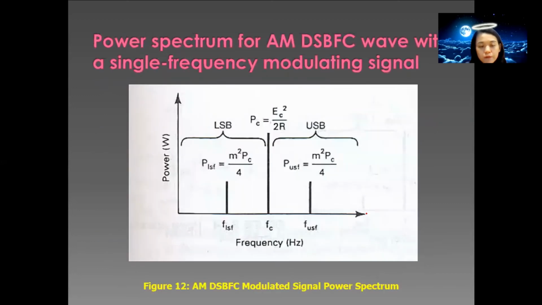We also recall our power spectrum for the AM double sideband full carrier wave. It looks like this, where the x-axis is frequency and the y-axis is power in watts. We can label the values for FC, the upper sideband frequency, and the lower sideband frequency, as well as the power itself.